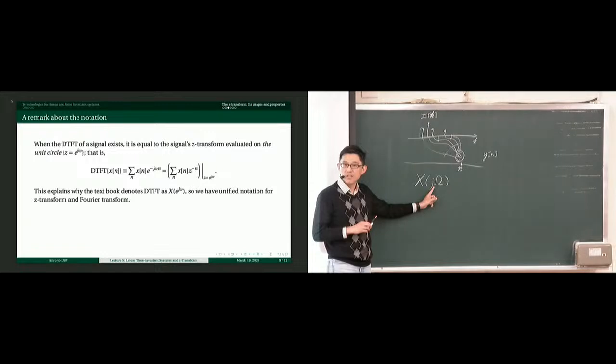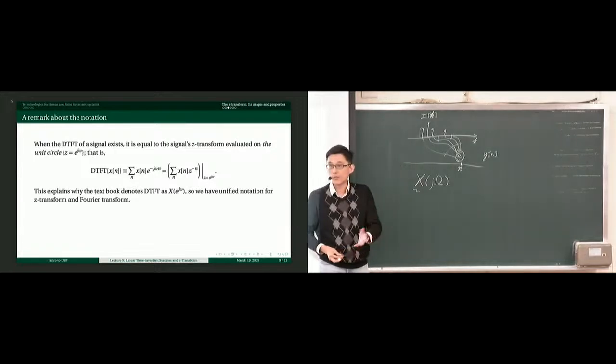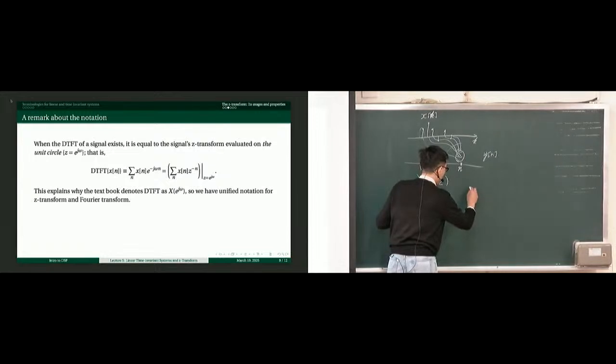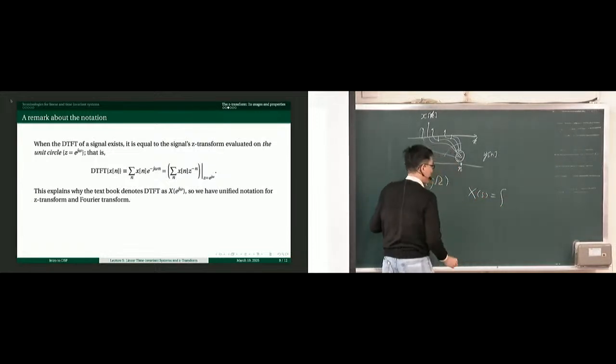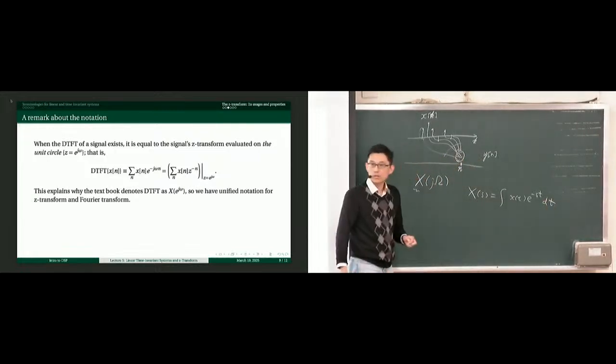Okay, Laplace transform. Because now you have a unified notation, thank you. For those of you that are familiar with Laplace transform, how do we define it? X of s equals the integral of x of t e to the minus st dt, right?